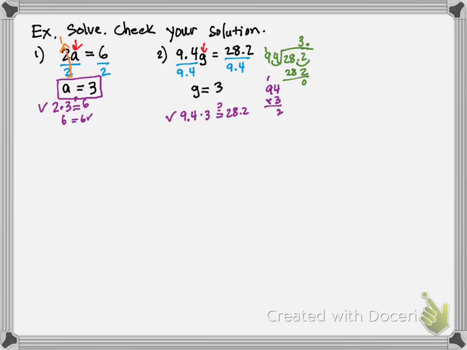And we get 12, and we get 27, and 1 is 28. But it's not 94, it's 9.4, so there's going to be one digit after the decimal point. And sure enough, 28.2 does equal 28.2. So that means g equals 3.